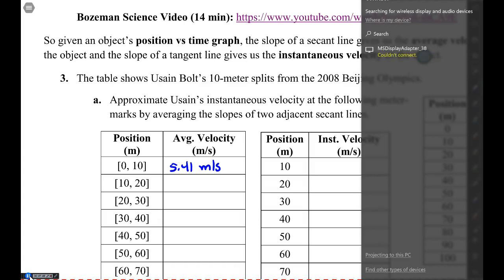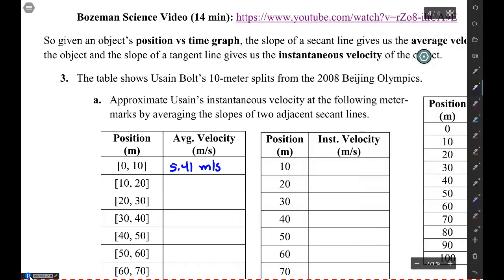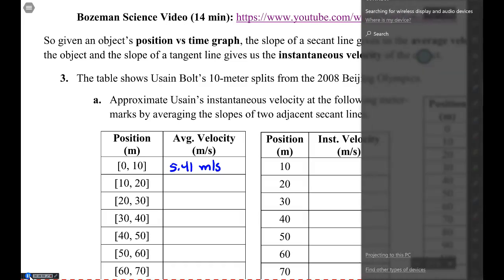Yeah, that's so weird. I've never had this issue with this before. If this doesn't work, I'll switch to the doc cam. I will be disappointed.